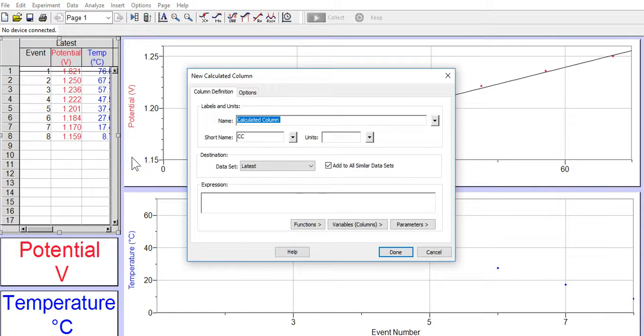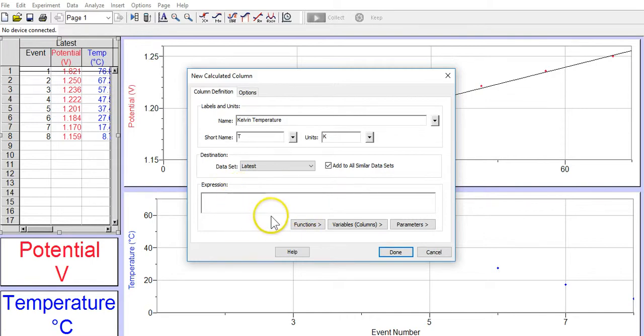Now, one thing I know is that when I'm doing some of these calculations later, I'm going to need the temperature in Kelvin. So the first thing I'm going to do is the Kelvin temperature. Of course, the short name there would be T, and the units are in K. So that's a fairly simple thing to put in.